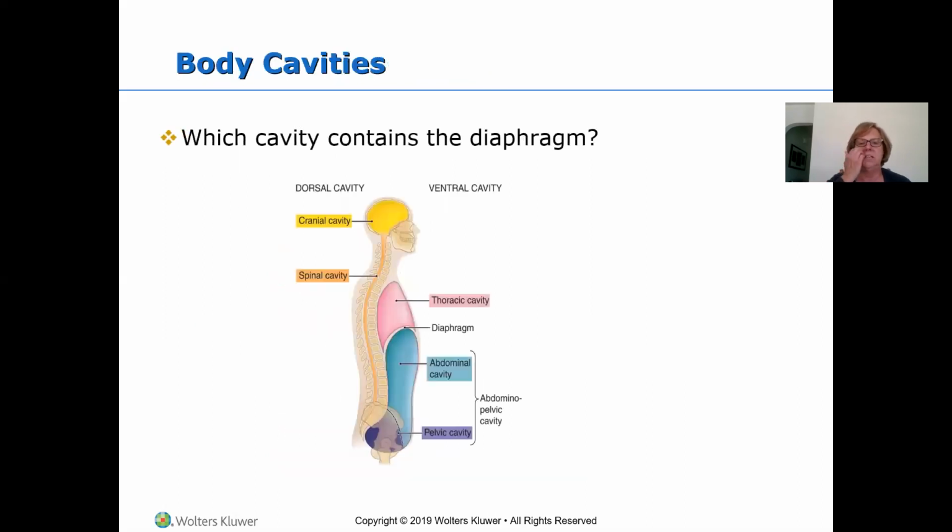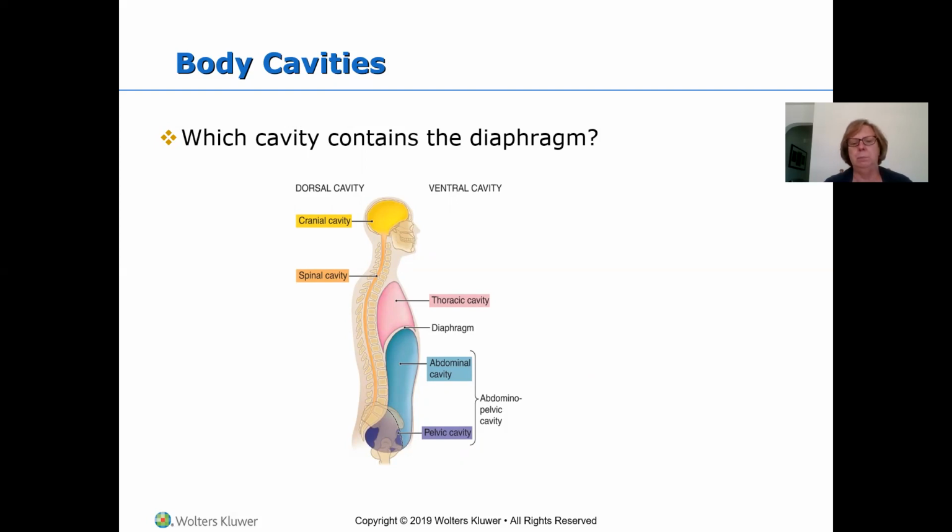So here is a diagram of the dorsal and the ventral cavities, and what sections are indicated by those. And if you look, you have the diaphragm, which is separating the thoracic cavity from the abdominopelvic cavity.